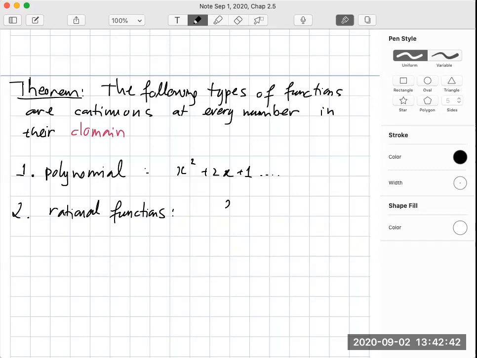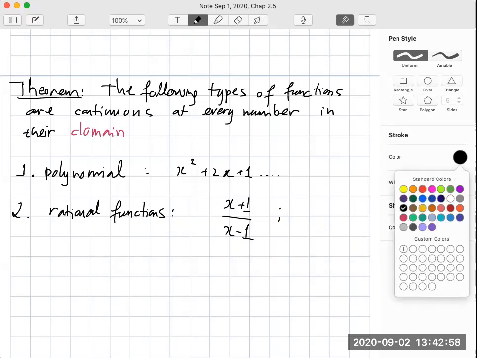Example, x plus 1 over x minus 1. What is the domain of this function? In order to find the domain, we need to find the points where it is undefined, right?